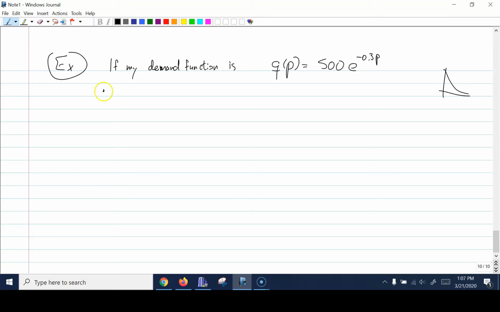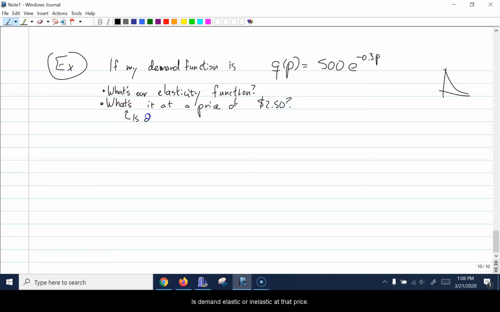What's elasticity? At a price of, or what's our elasticity function first? What's elasticity at a price level of 250? Is demand elastic or inelastic at that price?